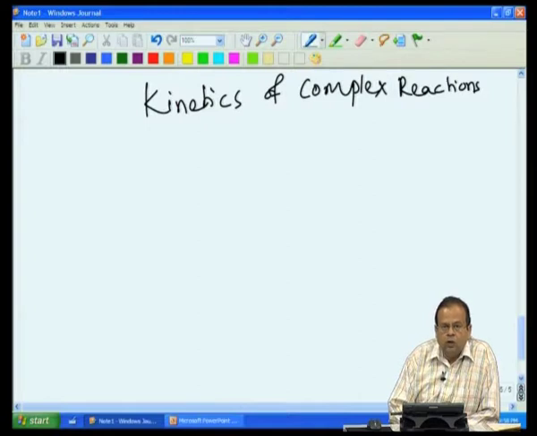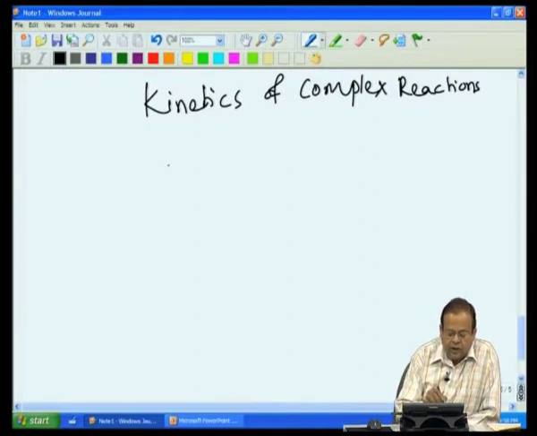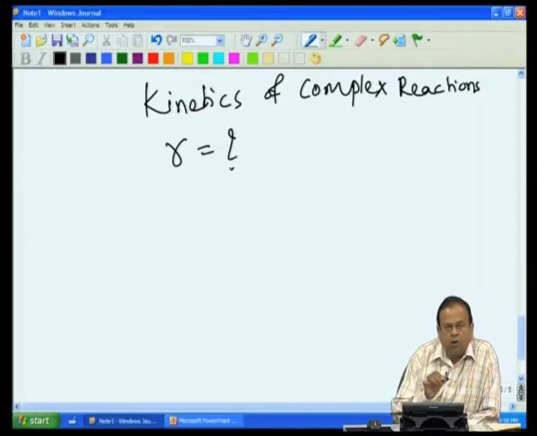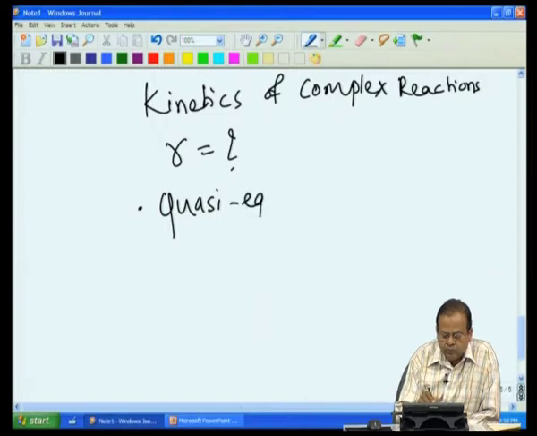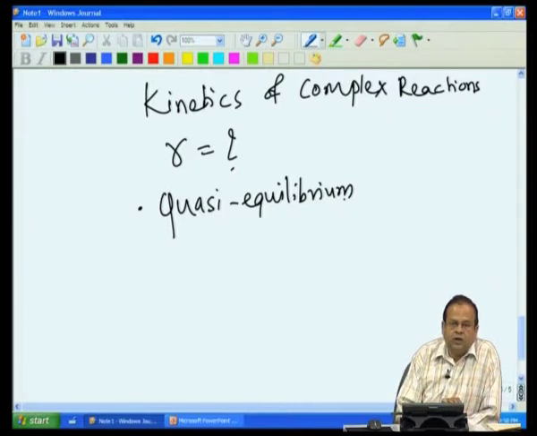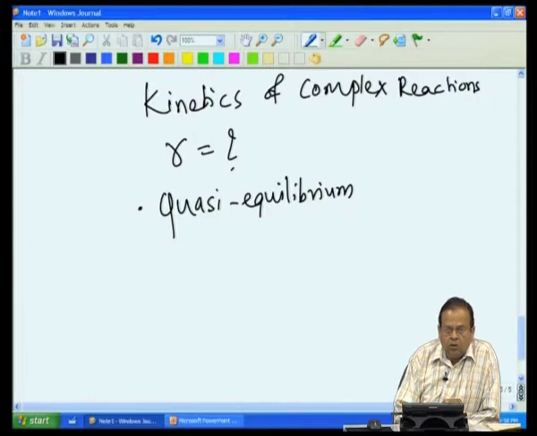Now, to deal with complex reaction kinetics and get the rate of this reaction, we essentially developed two concepts, namely quasi equilibrium approximation, where we say that if there is a large number of reactions, then one or more than one are the rate determining steps, and all other reactions have attained their equilibrium.